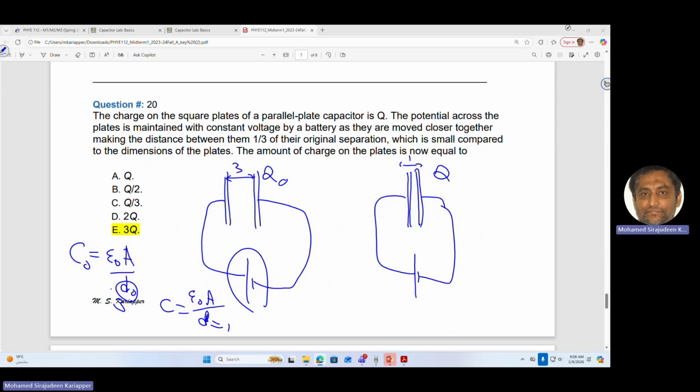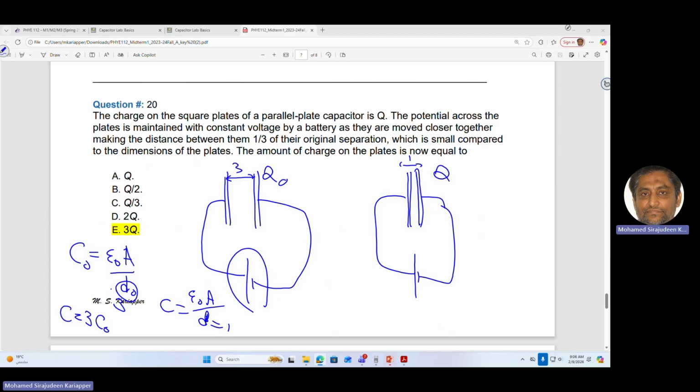It will increase, because you are dividing by a smaller number. So the initial D is 3 times the new one, and the new capacitance will be 3 times the old one. So we have C will be 3 times.